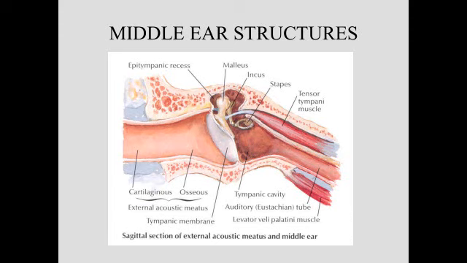Here we see them in more detail. So there's the malleus, the incus, and the stapes. Again, these three bones form what's known as the ossicular chain. And we also wanted to recognize that there are these very tiny ligaments holding those bones in place.